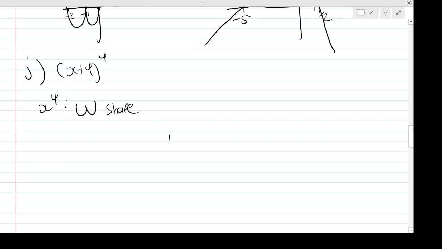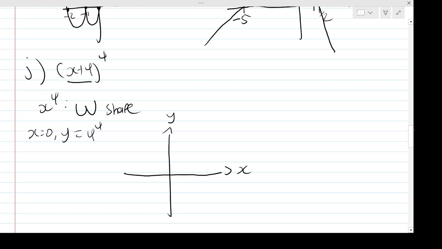If we draw our axes, let's find our y-intercept first, which is when x is 0. Y would be 4 to the 4, if we sub in x is 0 in here. But 4 to the 4 is going to be 256. So let's not do a massively long y-axis.